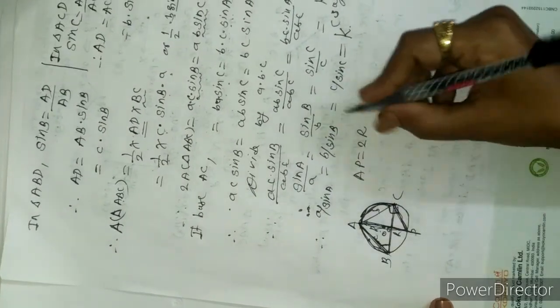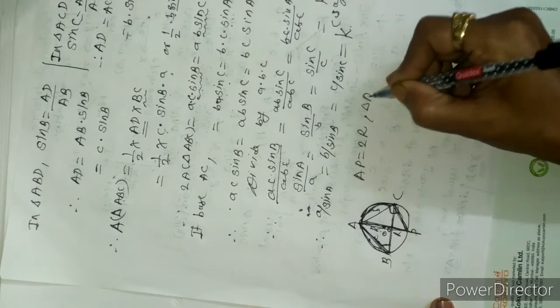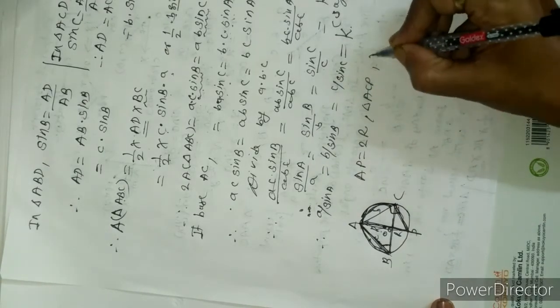AP is equal to 2R. Therefore, triangle ACP is a right angle triangle.